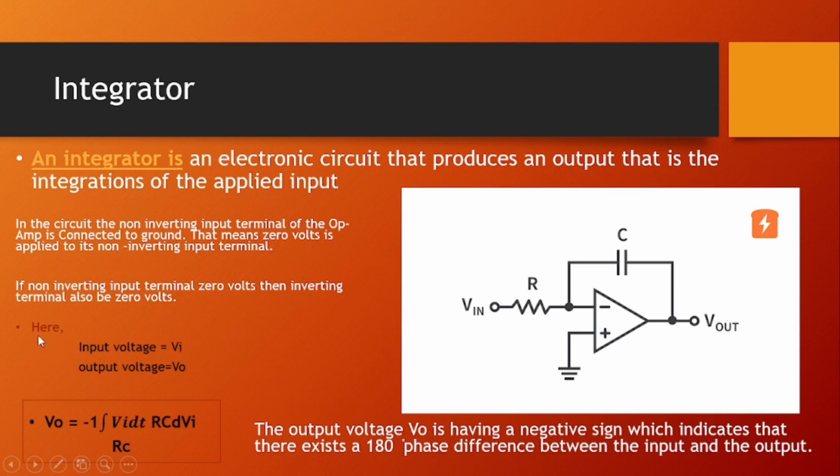Here is the input voltage, Vi, the output voltage, Vo, and here's the formula: Vo equals negative 1 over RC times the integral of Vi dt. The output voltage Vo has a negative sign, which indicates that there exists a 180-degree phase difference between the input and the output.